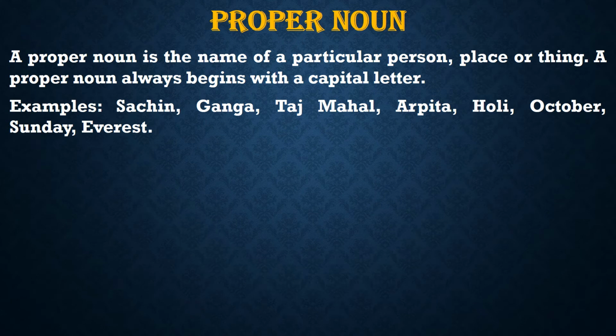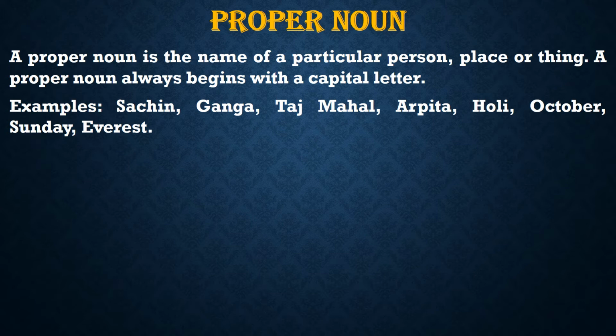Examples are here. For example, Sachin, Ganga, Taj Mahal, Arpita, Holi, October, Sunday, Everest. Okay, so you can see that every word is starting with a capital letter, and they are the particular names of something. For example, Sachin is the name of a particular boy, Ganga is the name of a particular river, Taj Mahal is a particular name of a monument.